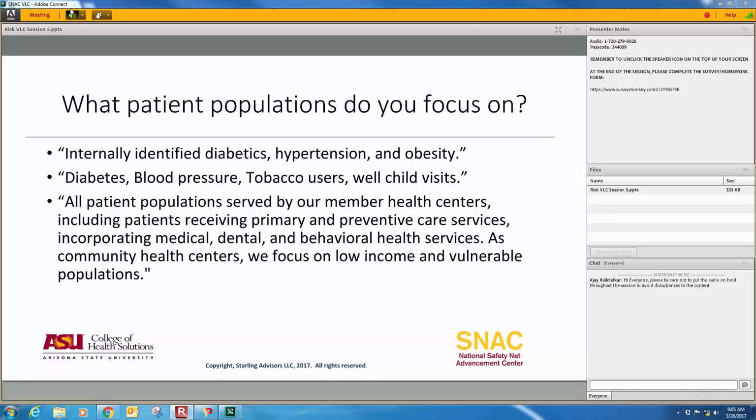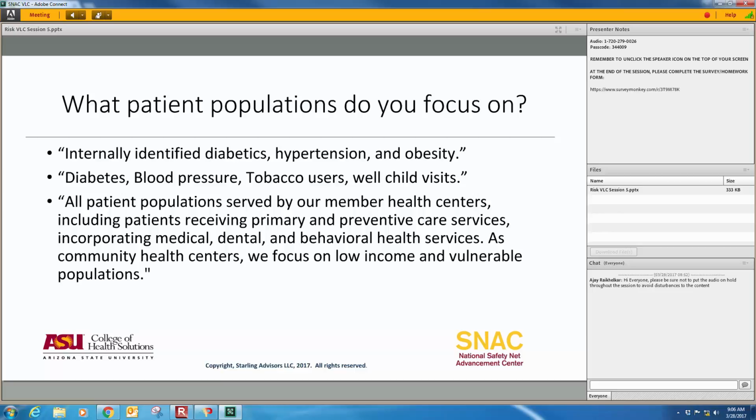So when you are looking at these populations that you think are going to require additional management, where are really your priority organizations? I think this is also very typical, that we see a high focus on our chronically ill patients. So I'm unsurprised to see things like diabetics, hypertension, obesity, and then some specific areas around wellness like blood pressure, tobacco cessation, and well-child visits.